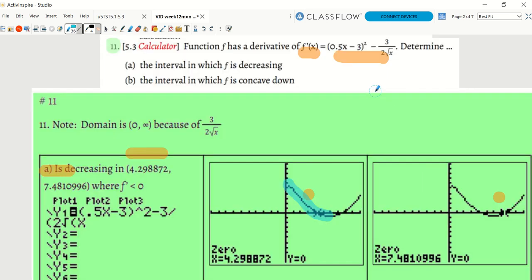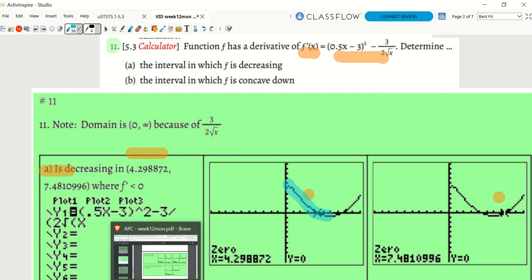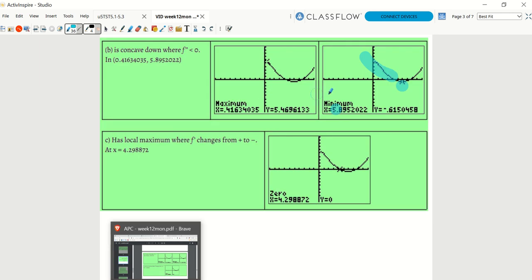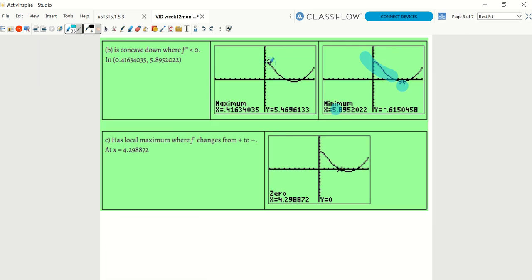Now, I'm curious, why is this x value not 0? Right here, it should be 0, but okay.